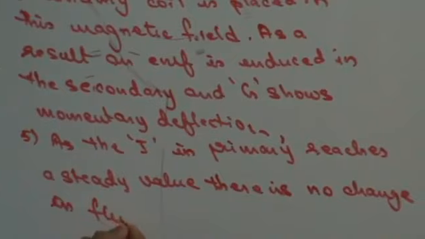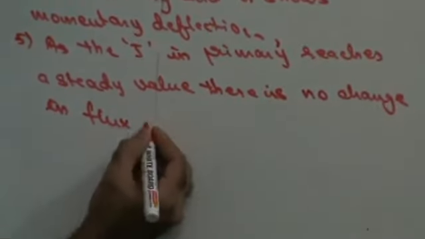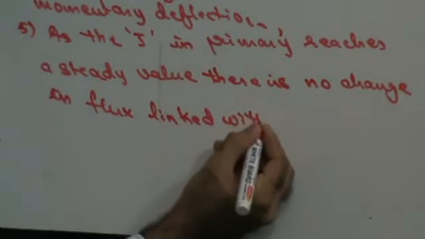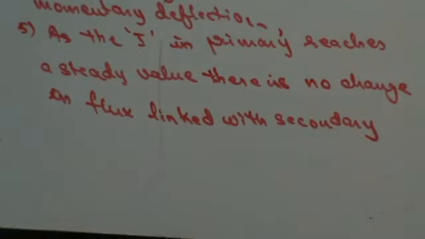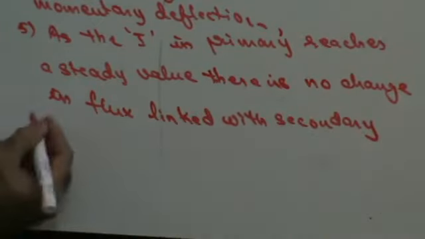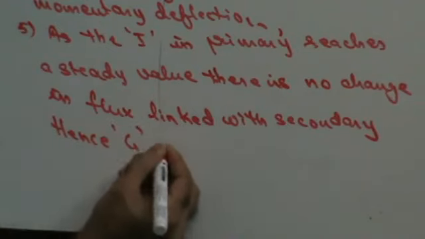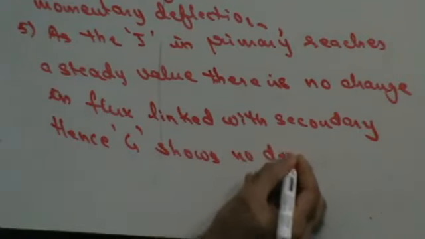Constant amount of flux is produced. There is no change in flux linked with the secondary. Hence, the galvanometer shows no deflection.